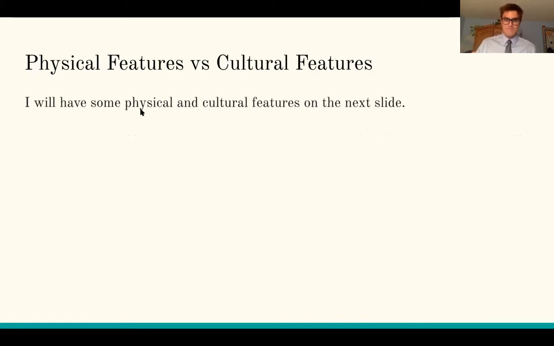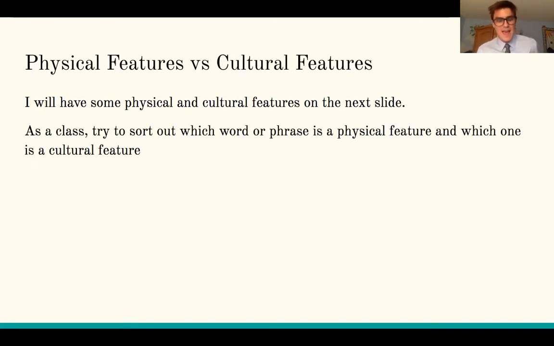So, I will have some physical and cultural features on the next slide. As a class, I want you to try to sort out which word or phrase is a physical feature and which one is a cultural feature. It will be up to you to try to talk about those things and figure it out.